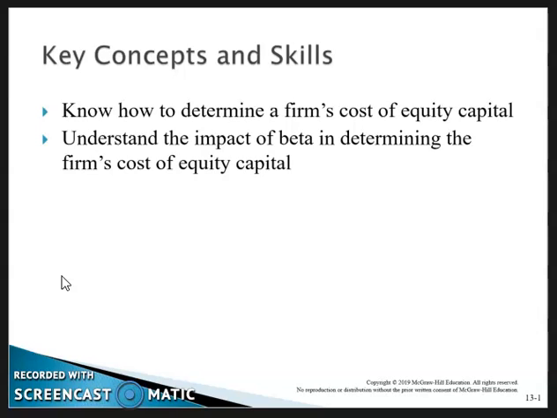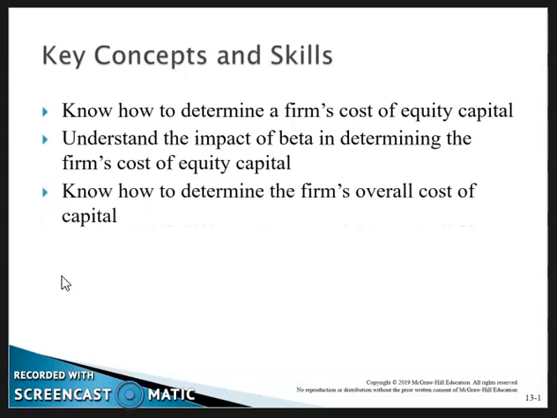We're going to talk about beta and how we're going to use that to calculate the firm's cost of equity capital. Determine the overall cost of capital. So overall cost of capital is going to be a function of the cost of equity capital, the cost of debt.